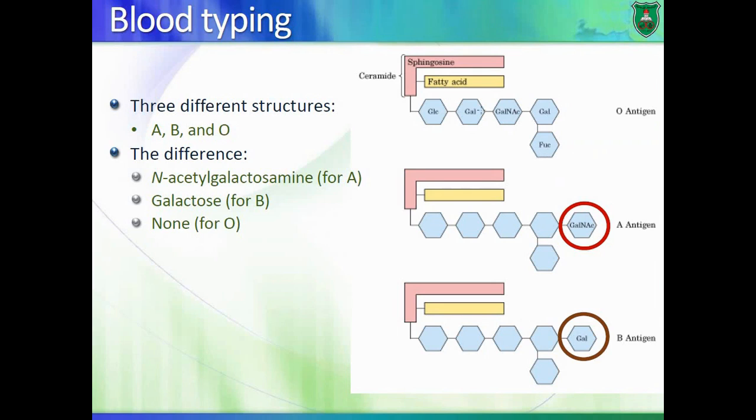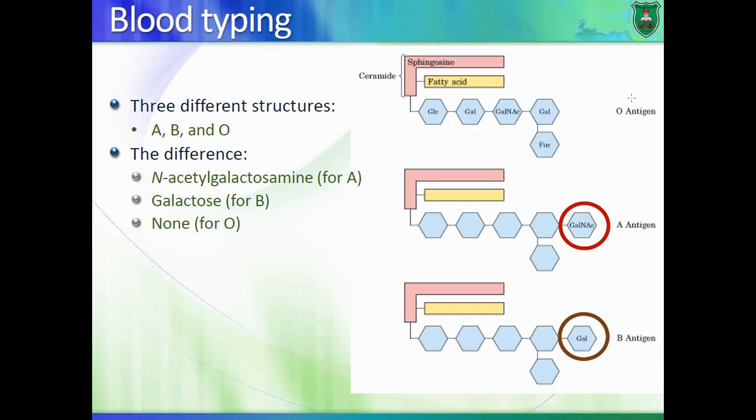The same set of 5 sugars is present in an individual with A or B blood group, but an A person has an extra N-acetyl galactosamine, whereas the B person has an extra galactose in addition to the 5 sugars or residues.